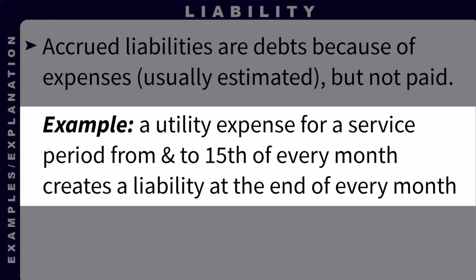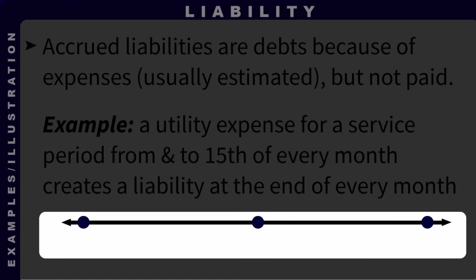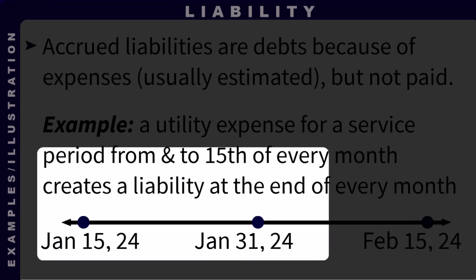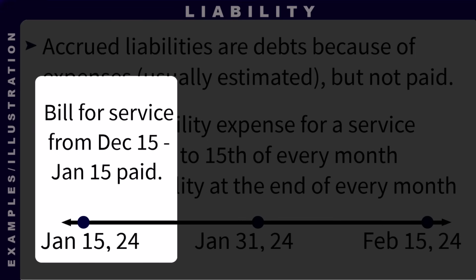To clarify this more, let's look at this diagram for a moment. Look at this timeline. There are 3 time points: January 15th, January 31st, and February 15th. On January 15th, payment was made for the past period, that is, from December 15 to January 15.